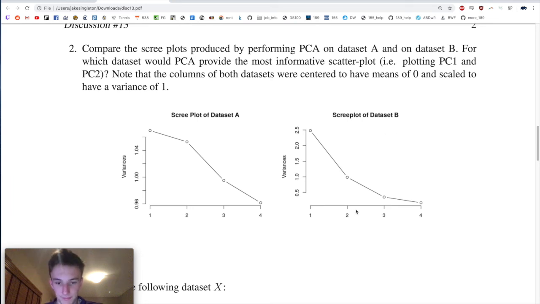So here we see that principal component 1 is responsible for 2.5 units of variance. Principal component 2, we see that we explain a lot more variance.